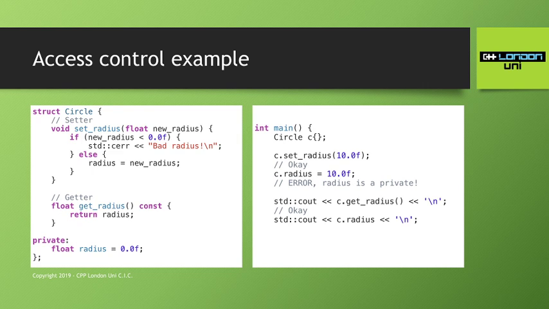But if we tried to say c.radius, that is, to access this member directly, again, this is going to be a compile time error. Radius is private. Doesn't matter whether we're trying to write to it or read from it, it's private. We can't even look at it. We can't even check its value.